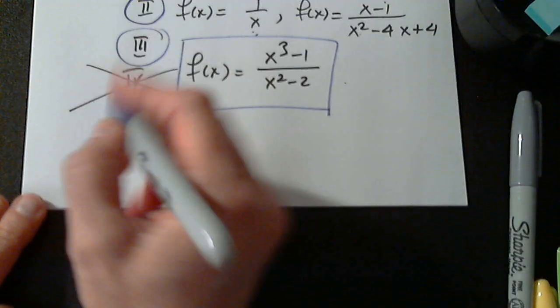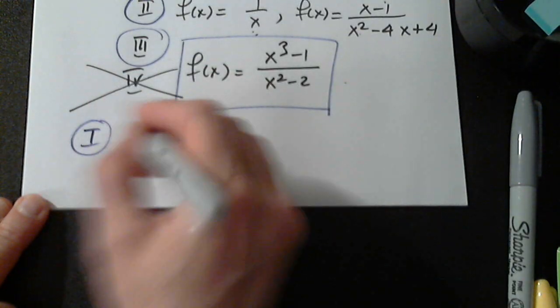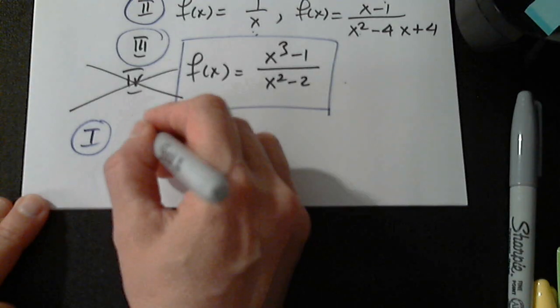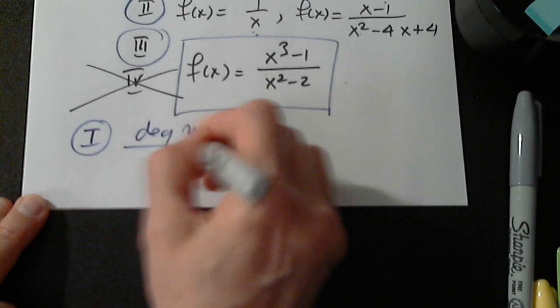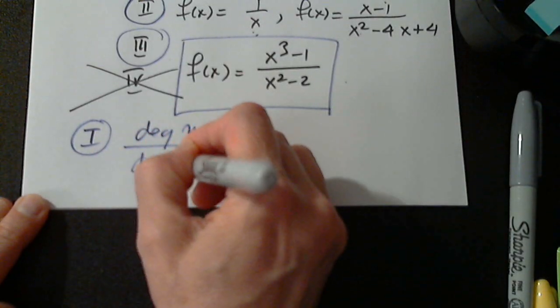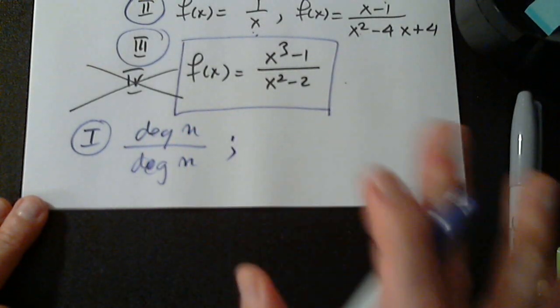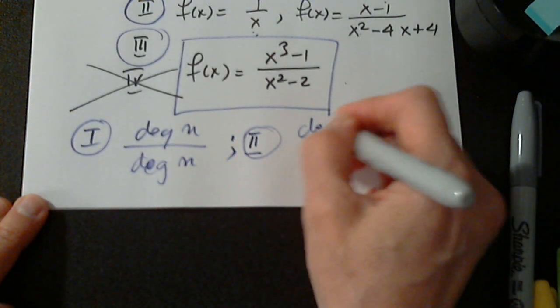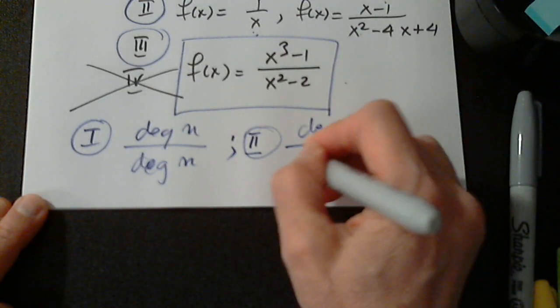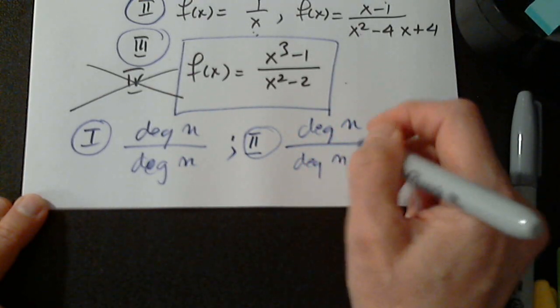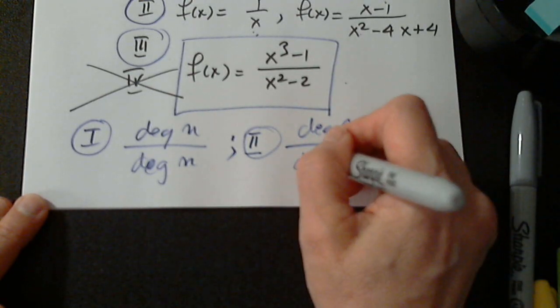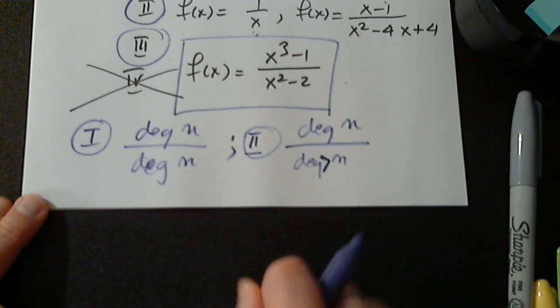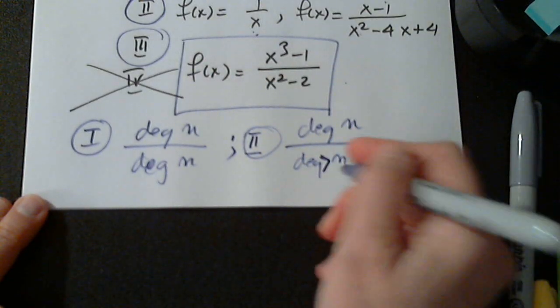So, let me summarize. Type 1, degree n over degree n. Type 1, nice. Type 2, degree n over degree greater than n. Bigger in the denominator, not even equal.